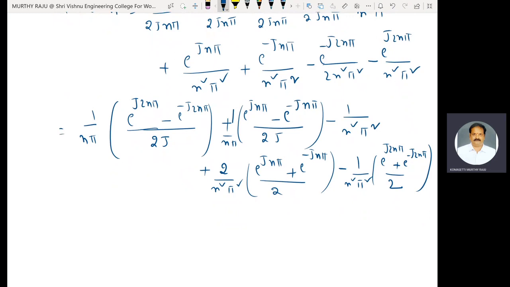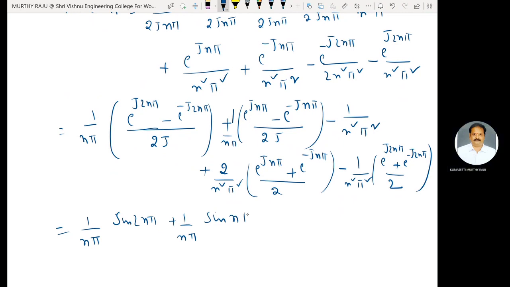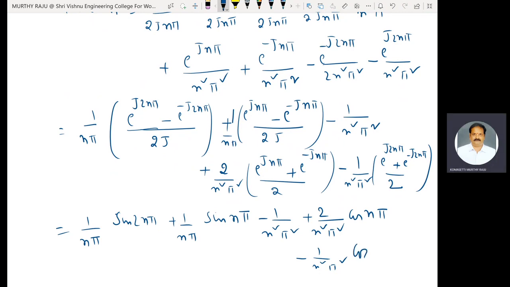That is equal to, finally, 1 by n pi sin 2n pi plus 1 by n pi sin n pi minus 1 by n square pi square plus 2 by n square pi square cos n pi minus 1 by n square pi square cos 2n pi.